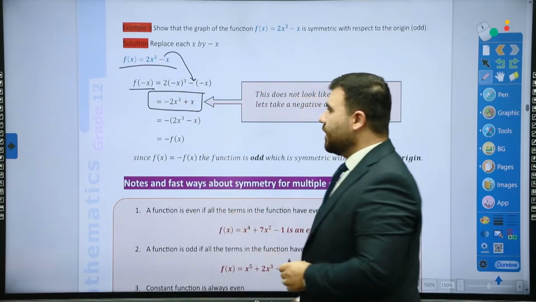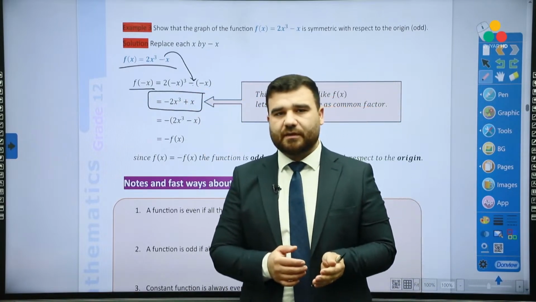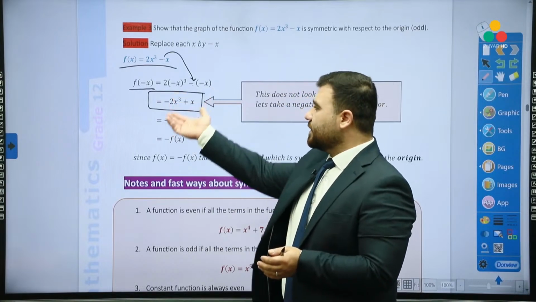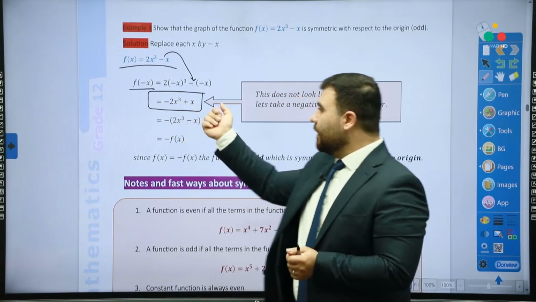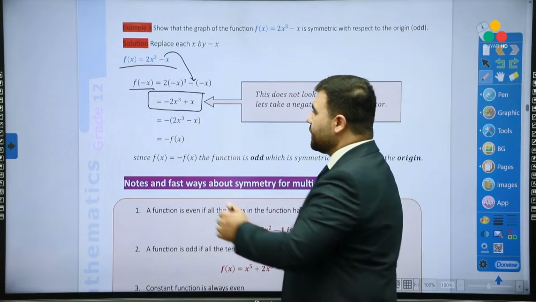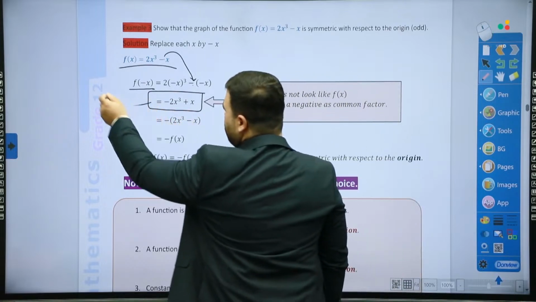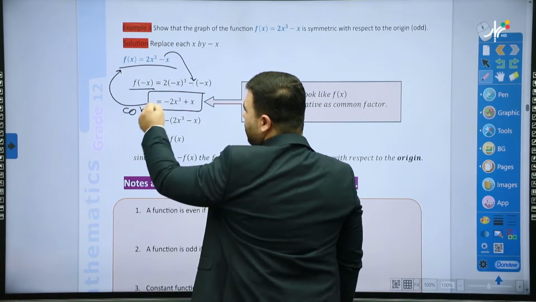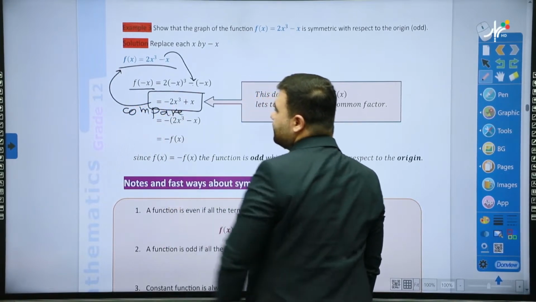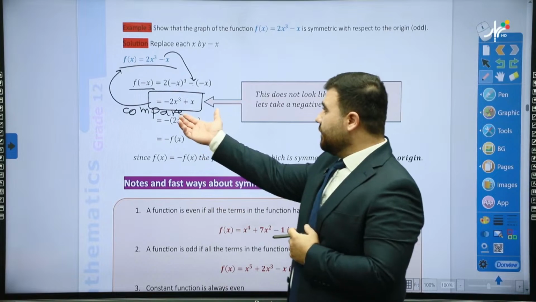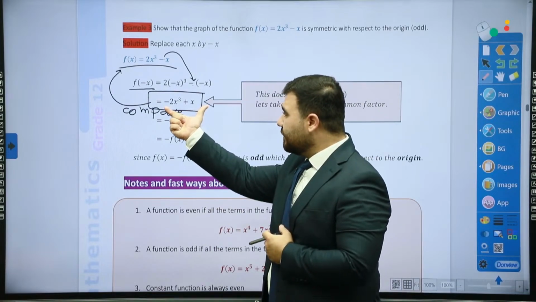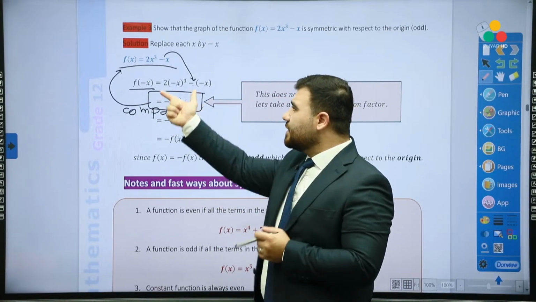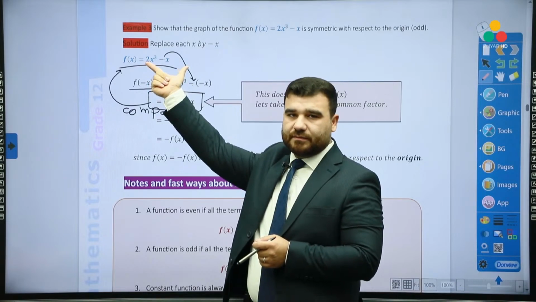What did we do so far? We replaced each x with negative x and we simplified. Now we compare. We compare this to the original function, which is f(x). In the comparison, you see that this, negative 2x cubed plus x, does not look like f(x).